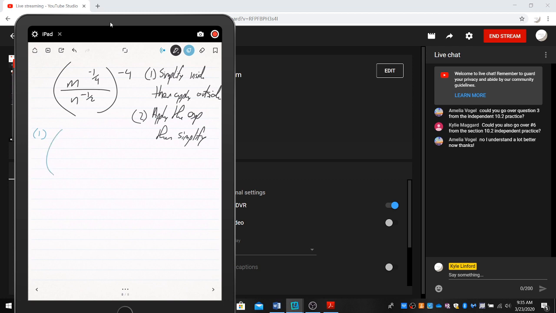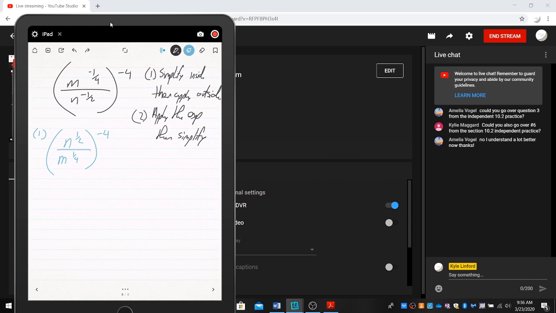So m to the negative 1/4 means move that down here, so you have m to the positive 1/4. And n to the negative 1/2 means to move it to the top. We just move the things that have negative exponents. Then this is fully simplified. There are no terms for us to combine. That's as much as we can do.